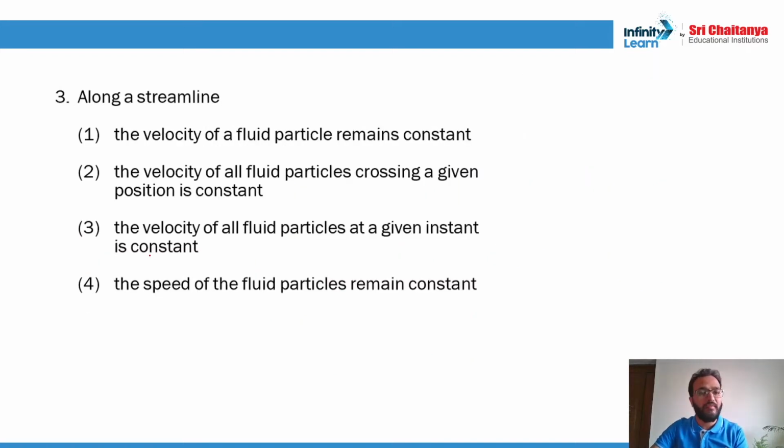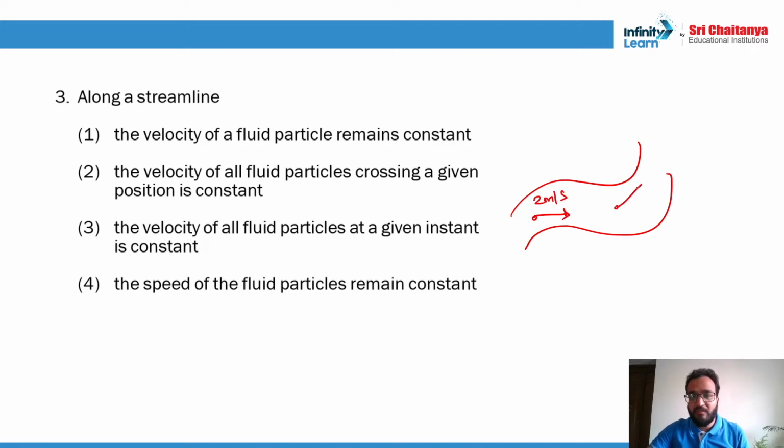Got it? Now, along a streamline, the velocity of all fluid particles crossing a given point. See, in streamline motion, what happens? Suppose the particle has velocity 2 meter per second, and when this particle reaches here, its velocity is 3 meter per second, and when this particle reaches here, its velocity is 4 meter per second.